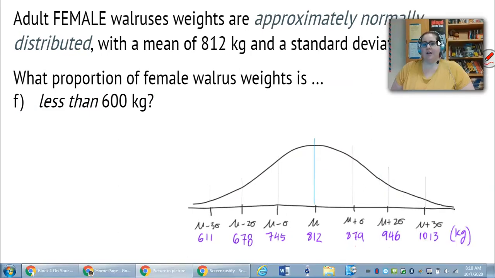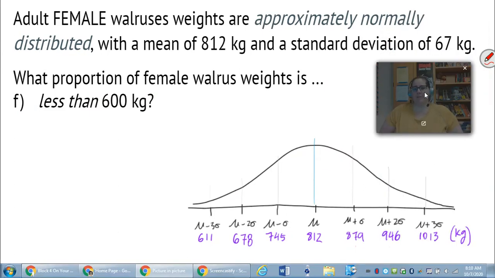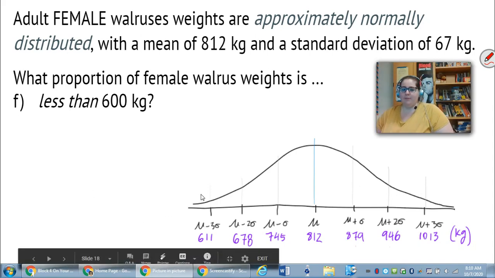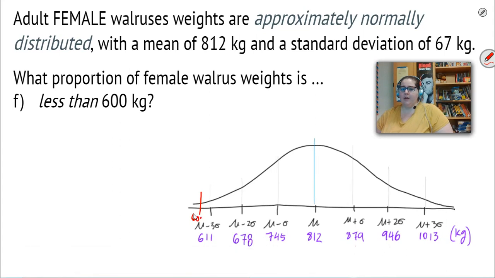So let's go back to that question of what proportion or what percent of female walrus weights is less than 600 kilograms. So I'm down here, 600. So first step you should always do is draw and shade your normal model. We're in unprecedented times right now. We're using a lot of computers.